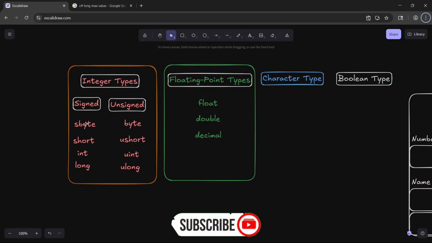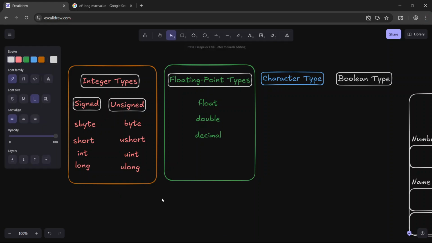So when you look at sbyte, for example, and byte, sbyte goes from negative 128 to positive 127, and it will give you 255 in range, and this is of course sbyte.